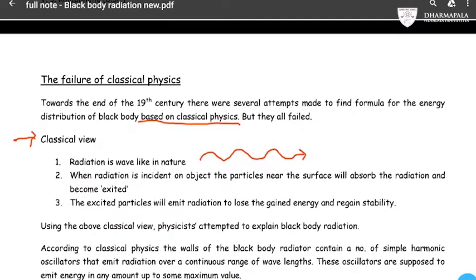And also we consider that when radiation is incident on an object near the surface, it will absorb the radiation and become excited.